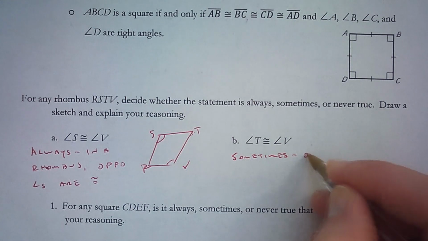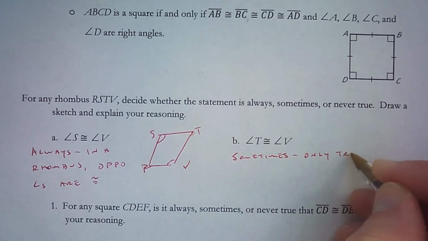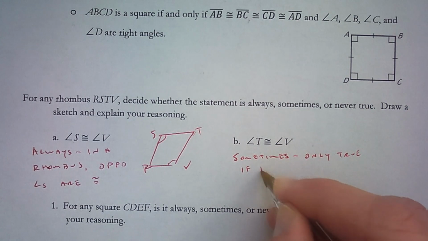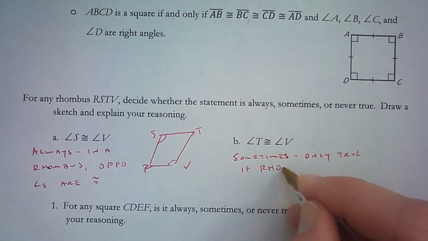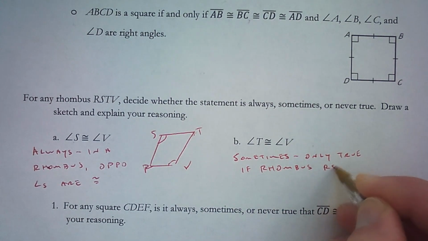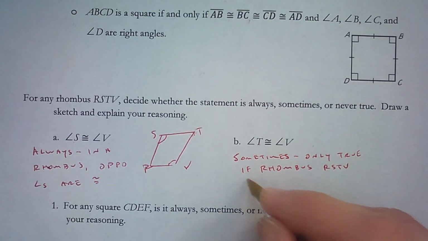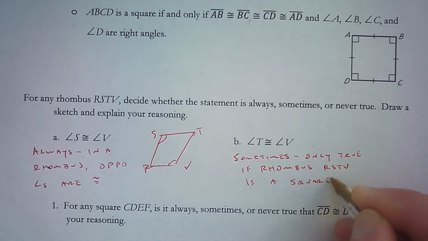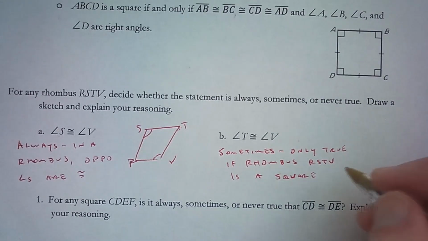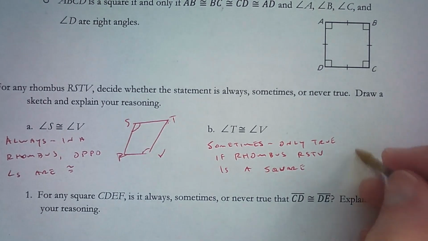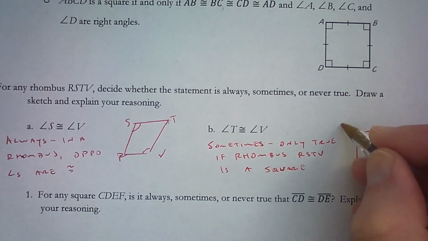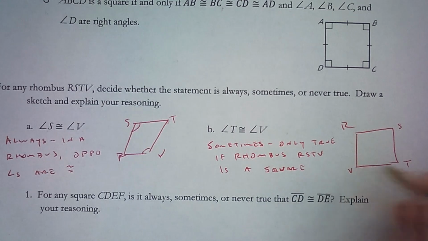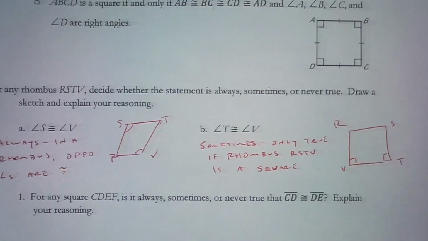So I would say it is only true if rhombus RSTV happens to be a square. A square is a rhombus that has 4 right angles. So T and V would only be congruent if they happen to be right angles.